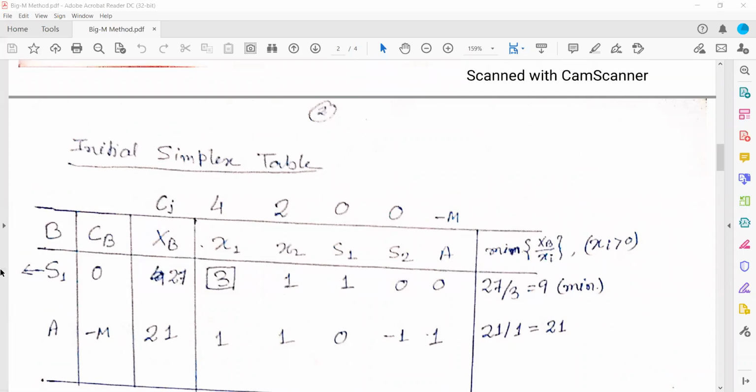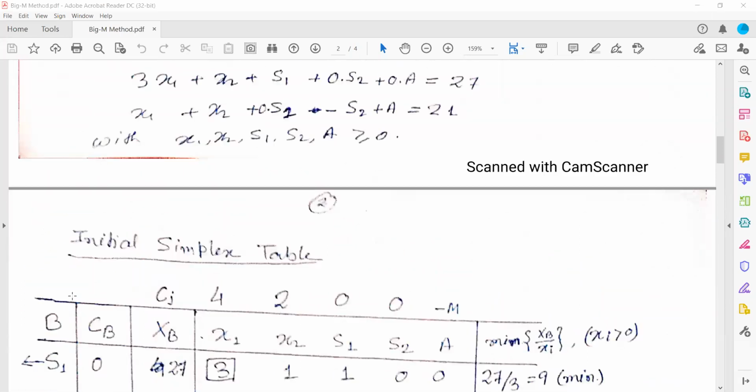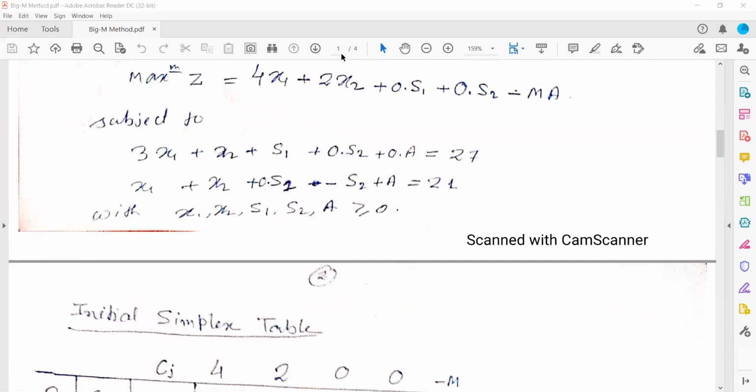Now see here. In the basic variable column, I have taken S1 and A, not S2. Why? S1 I have taken with no problem because it is a slack variable, and a slack variable will come there. In the second equation, one surplus variable and one artificial variable are there.